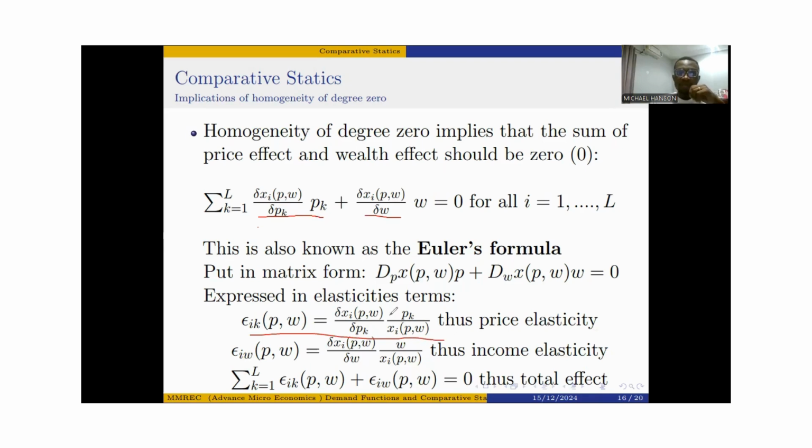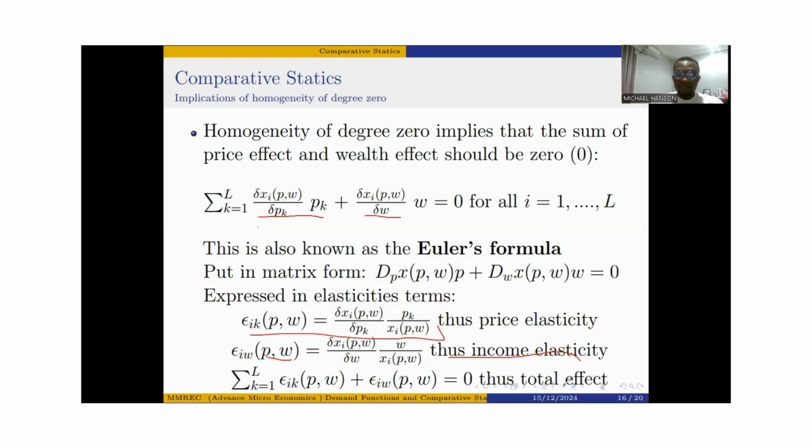So change in demand over change in price, times price over the original demand, that's the price elasticity. Again, when you differentiate this price-wealth bundle with respect to wealth, then you have what you call the income elasticity. So the price effect and the wealth effect should have no effect on the total bundle.